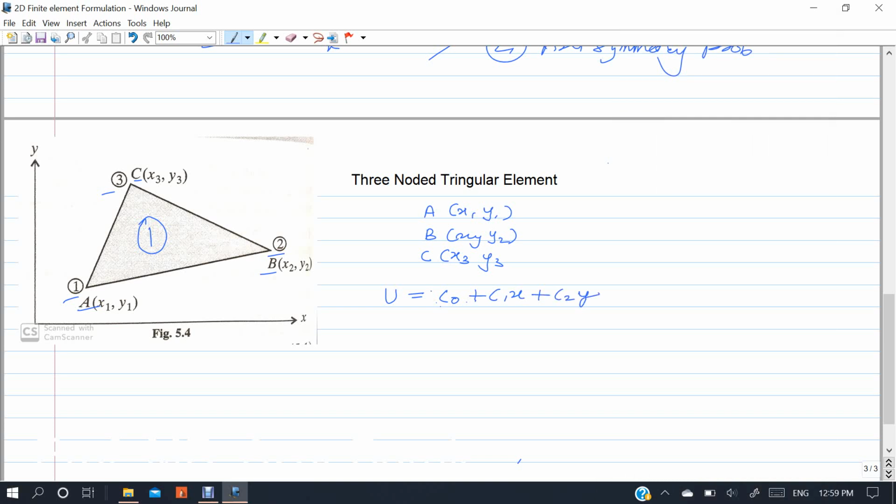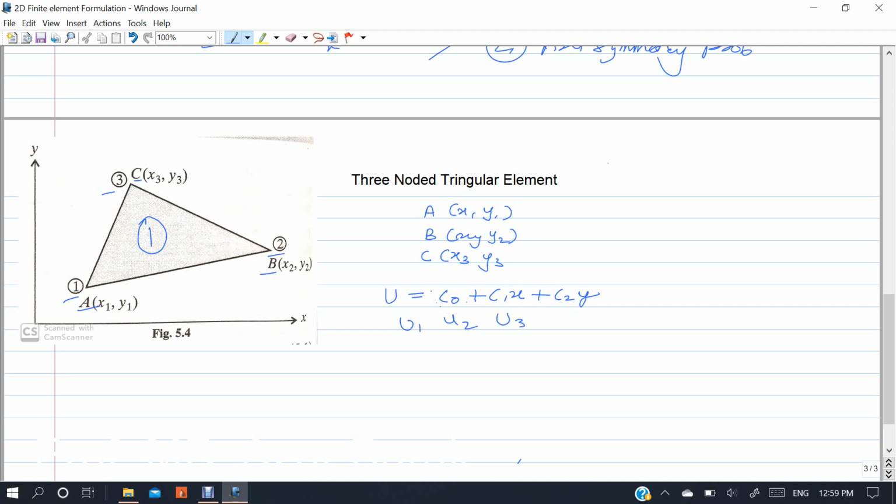This is a polynomial equation, the interpolation function, where u is the primary variable at node numbers 1, 2, and 3 respectively. So you can take u1 for node number 1, u2 for node number 2, and u3 for node number 3.